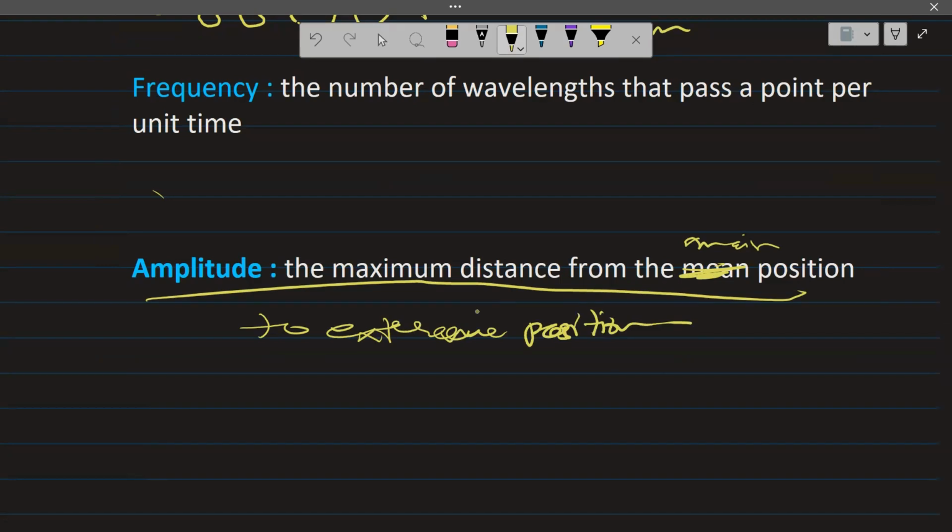Now what does this mean, from main position to the extreme?